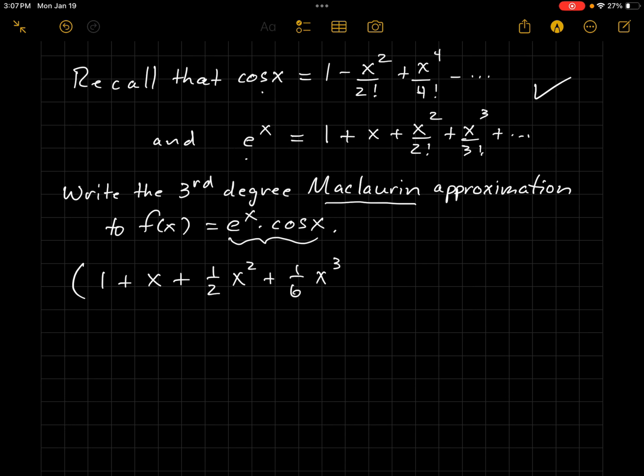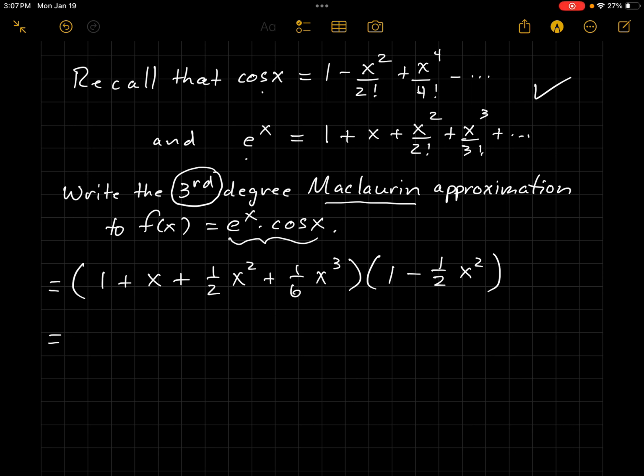And I don't need any more terms because I'm doing a third degree Maclaurin, meaning I won't have any powers higher than x cubed. And then cosine of x, I can do 1 minus 1/2 x squared, and I would stop because I would not have the x to the 4th term.